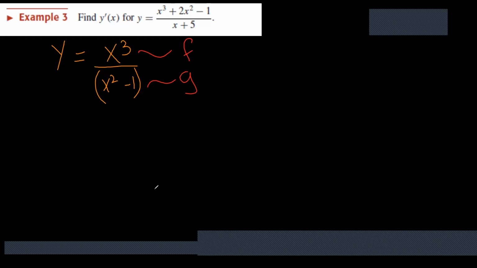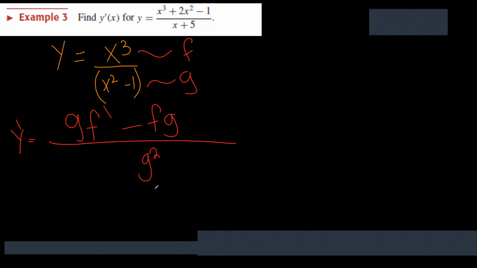And the quotient rule is y prime. What is the function in the denominator? It is g. So I will put down g squared. I am starting with g. I will say g f prime minus f g prime. This is my quotient rule.